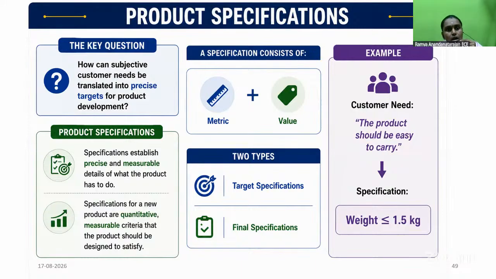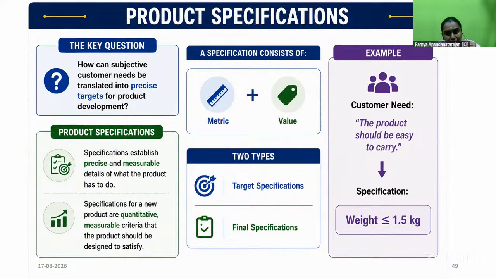So the key question is how can subjective customer needs be translated into precise targets for product development? Product specification means you should have two things. One is the metric, the other one is the value. For example, they always say easy to carry. Easy to carry means you cannot specify a product like that. That is the need: it should be easy to carry. But how do you give that as a product specification?